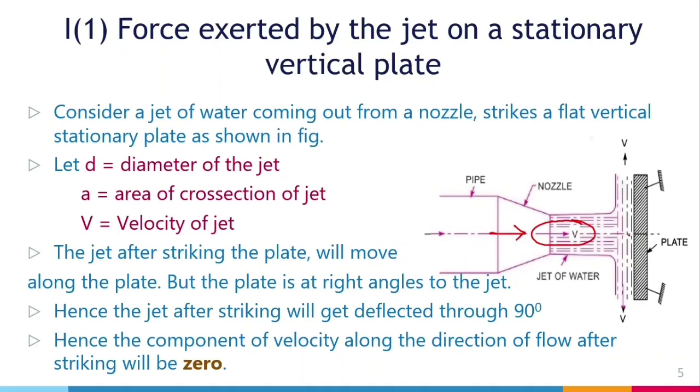Now the water is striking this plate, and it will slide down through 90 degrees. So this is a 90 degree inclination. Is there any water flowing again in the horizontal direction after striking? Of course not. So after striking, the velocity is 0.